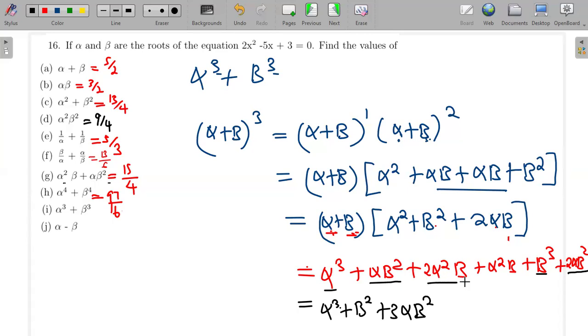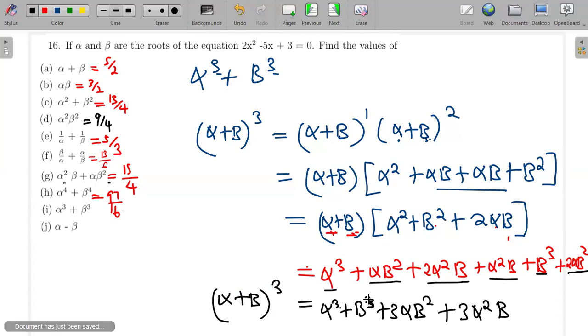This is 2 alpha squared beta plus alpha squared beta, so that is plus 3 alpha squared beta. And this whole thing is equal to alpha plus beta to the power 3. All right, so now let's make alpha to the power 3 plus beta to the power 3 the subject.